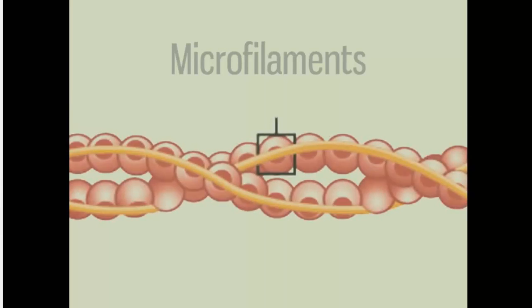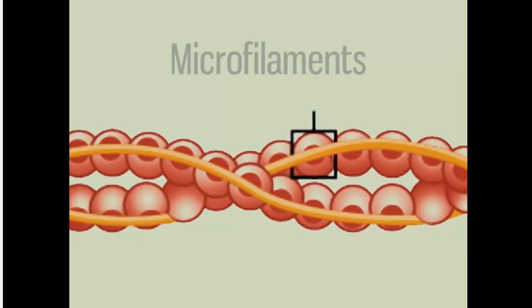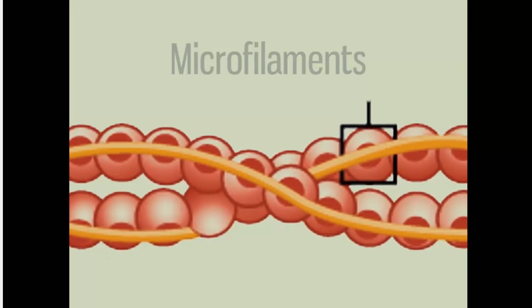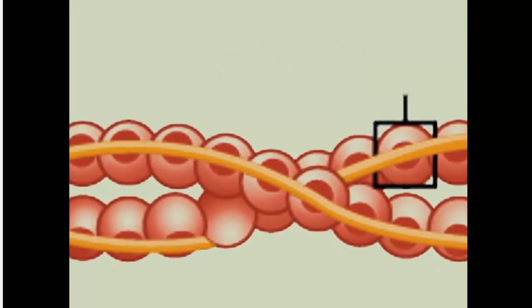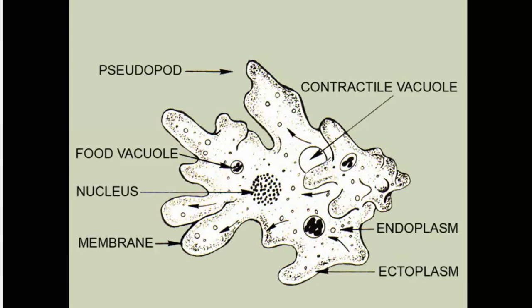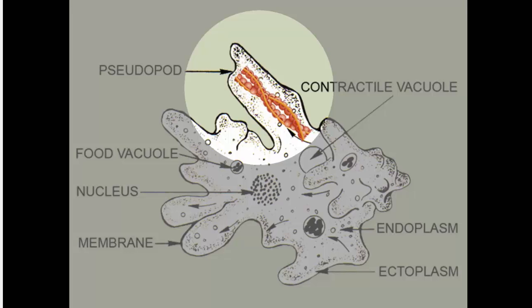Like microtubules, microfilaments can also give a cell motility, though via a different mechanism. They don't form external structures, like flagella and cilia, but they can help cells move by changing their shape. Amoeba use this movement to crawl across a surface using extensions called pseudopodia, or false feet. As actin filaments grow rapidly in one direction, they push and deform the cell to create a foot on one side.